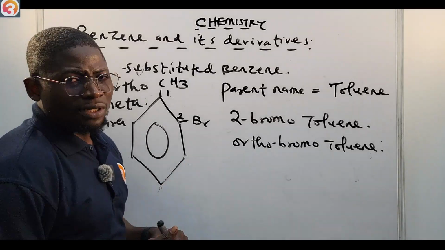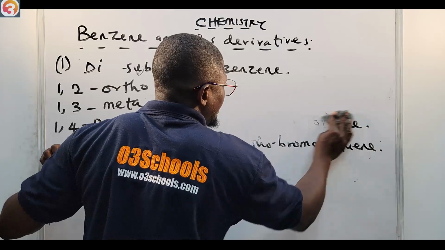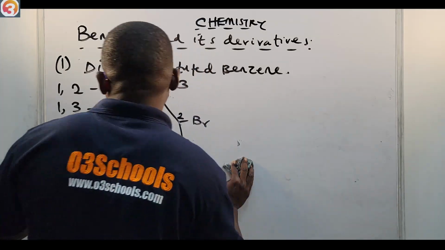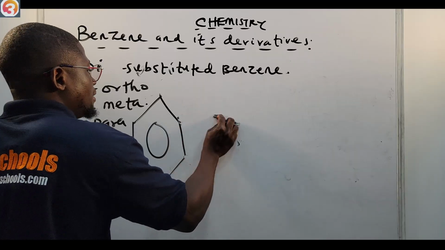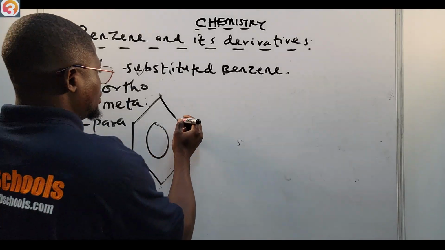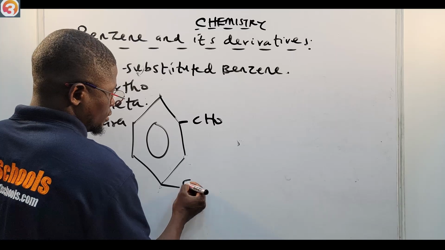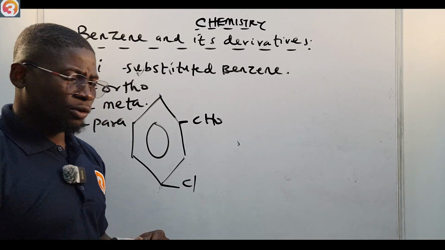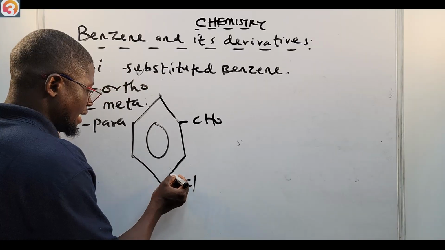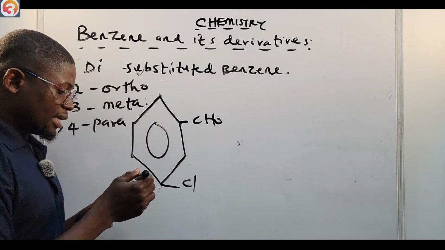So now let us look at another one. Let's say we now have an aldehyde functional group, CHO, somewhere here, and then here let's say we have chlorine. So now let us use the same idea that we used in the last example.